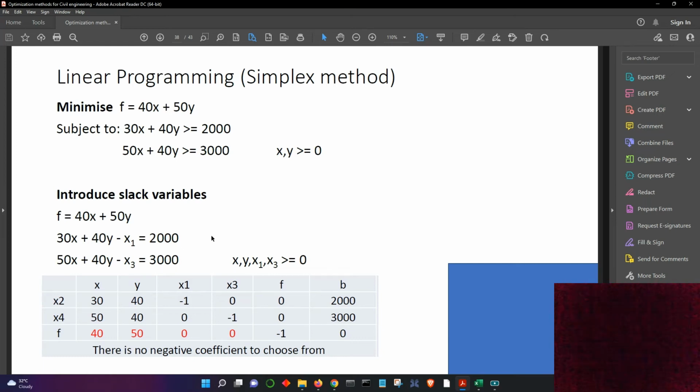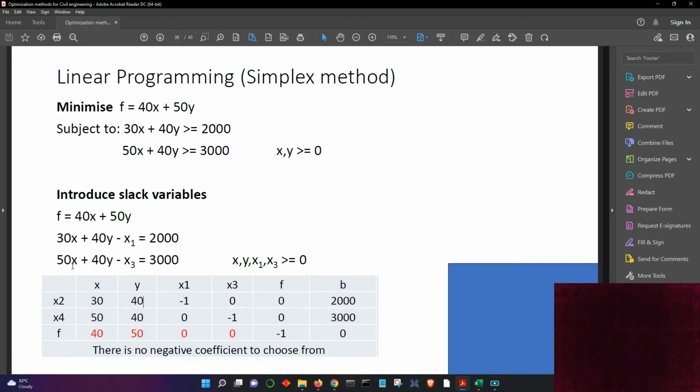Okay. Then we make the table. So this is how the table will look. This particular row is going to replicate this equation, and this row this equation, and this row this equation. So 30x plus 40y minus x1 plus 0x3 plus 0f is equal to 2000.